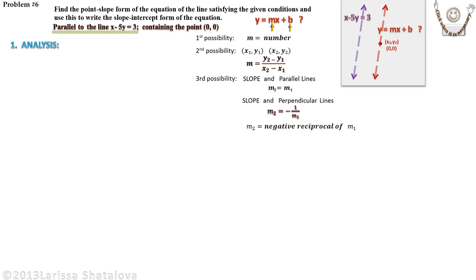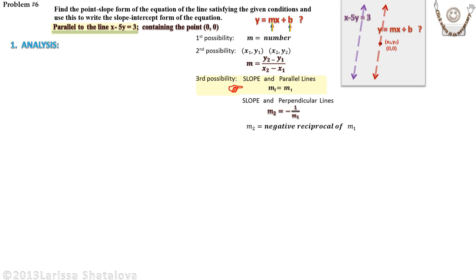Second possibility, if we have 2 points. No, we don't have 2 points. And third possibility, if we have parallel lines or perpendicular lines. In this case, we have parallel lines. And if we have 2 lines and they are parallel, they have the same slope. So we have to figure out somehow the slope of our line from the equation x and negative 5y equals 3.